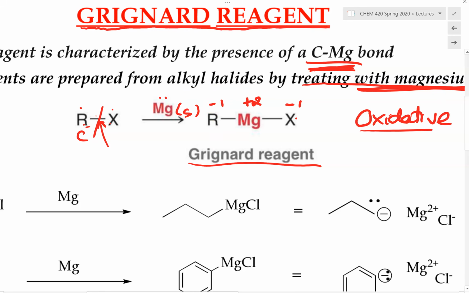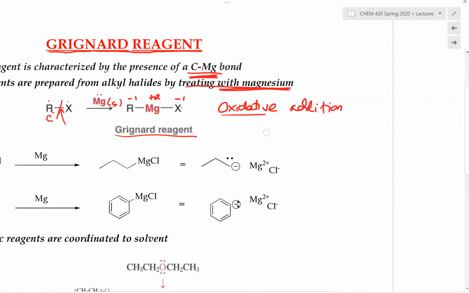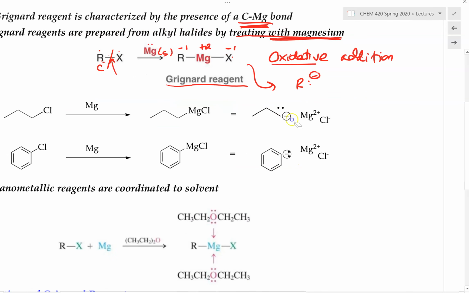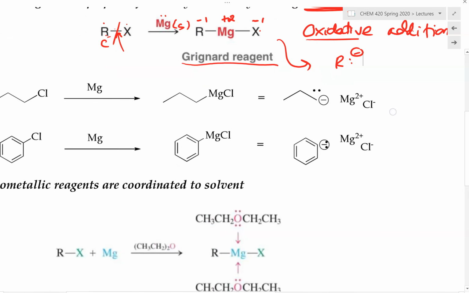So that's how the electron density and the charges on this organometallic reagent would be. A lot of the time we can also represent this as follows: R negative, followed by magnesium +2 and chloride -1. So this is another way we can represent the organometallic reagent.